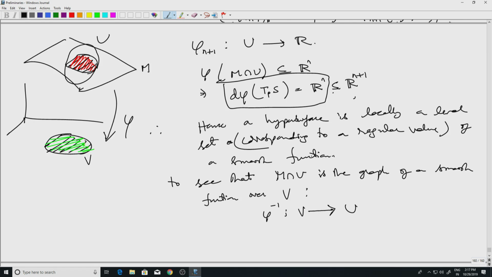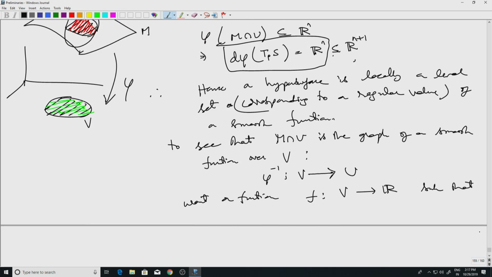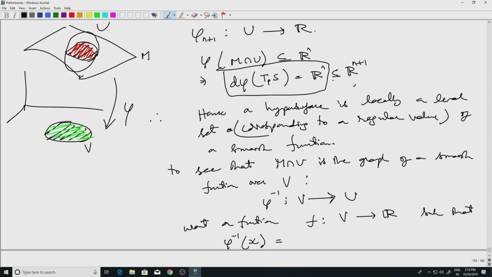However, what I want is a function f from V to R such that every point of phi inverse of x, notice that phi inverse of x is actually a point in Rn plus 1, so I'll write it like this, phi inverse of x comma 0.